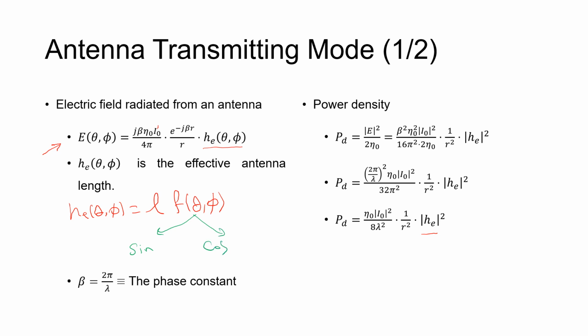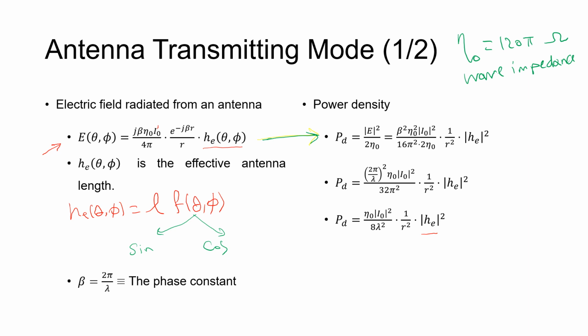Then we will use this equation to substitute in the power density equation, which is PD equal to magnitude E squared over 2 eta naught, and eta naught is just the free space wave impedance, which is equal to 120 pi ohms.